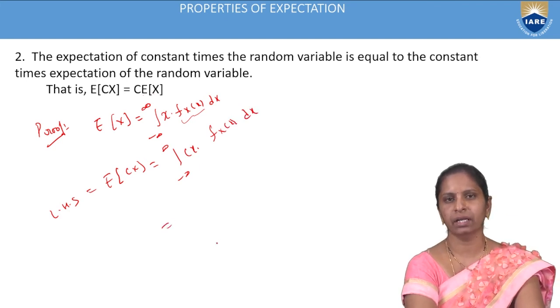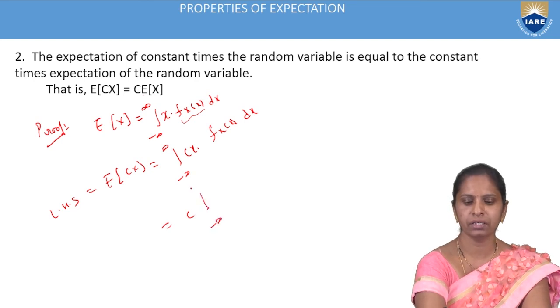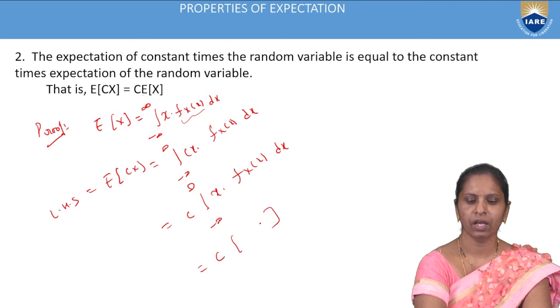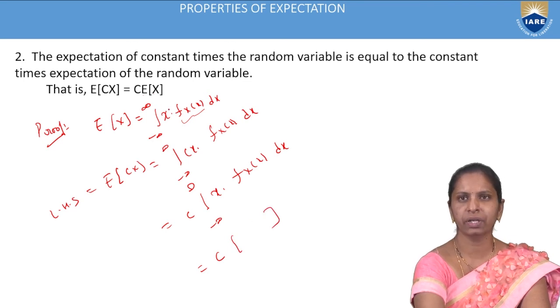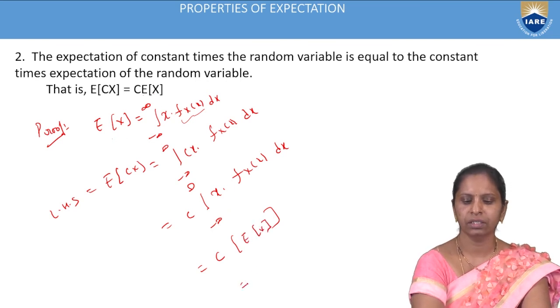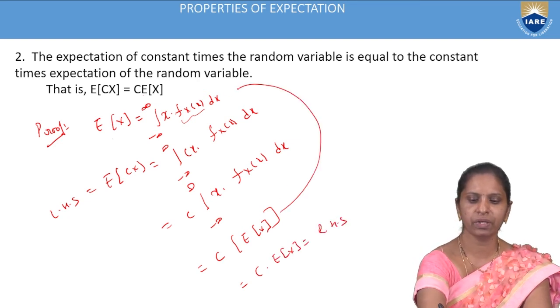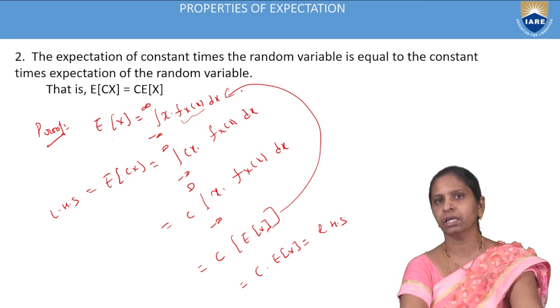C is a constant, so I can bring it outside. So c into the integration from minus infinity to infinity of x into f of x dx. That equals c into what? The integration of x into f of x dx is nothing but E of X. That equals c into E of X. This is the RHS.